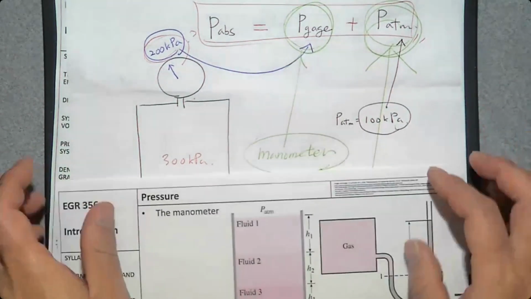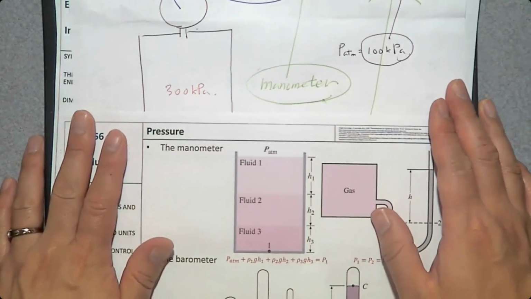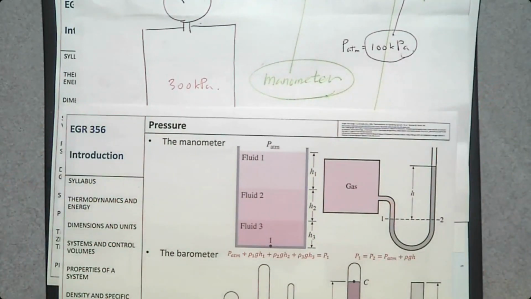Let's talk about manometer first. A typical manometer looks like this one. We have a gas tank whose pressure is unknown, and we have this manometer, usually a U-shaped tube, and the other end is open to the atmosphere.